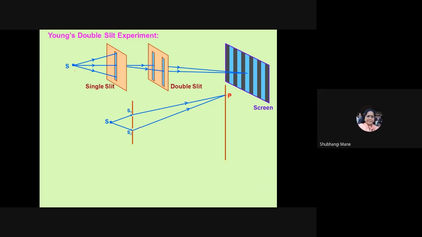Depending on the path difference, we may obtain the condition for maximum of intensity or minimum of intensity.